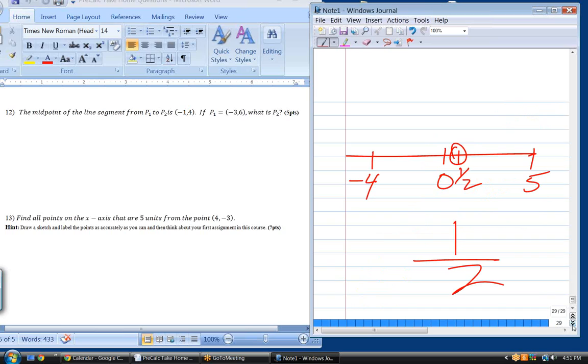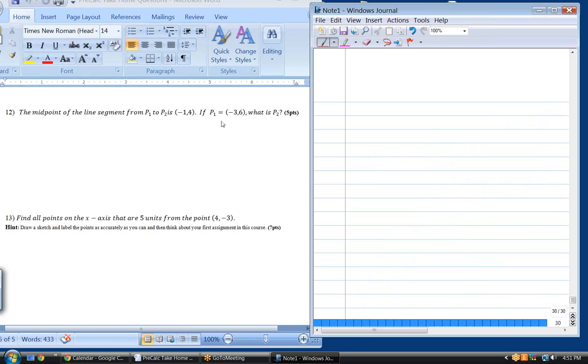So now let's do this problem. They're saying P1 is -3, 6, which is right there. And they're saying the midpoint is -1, 4.